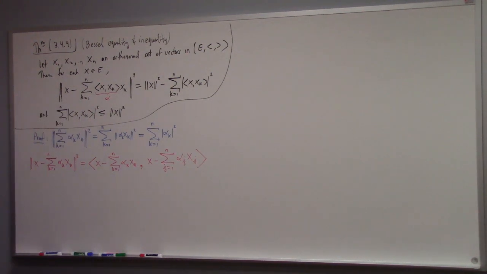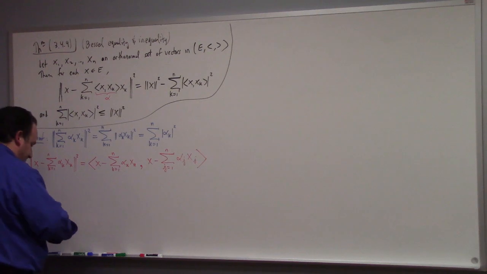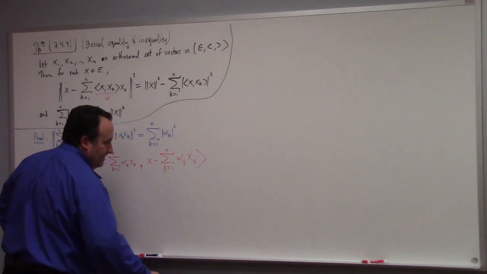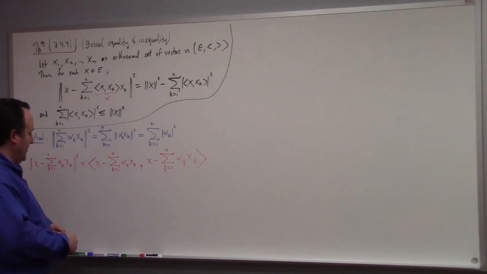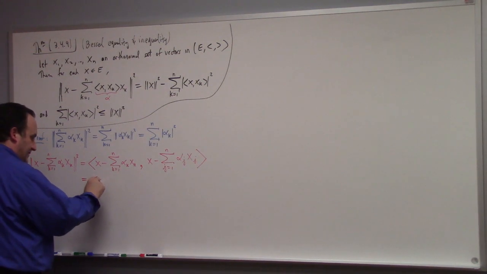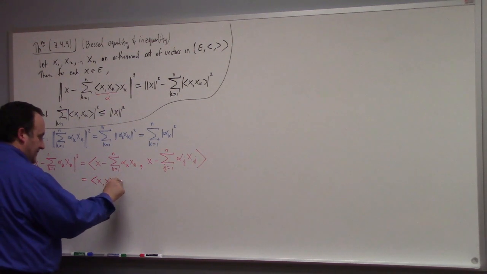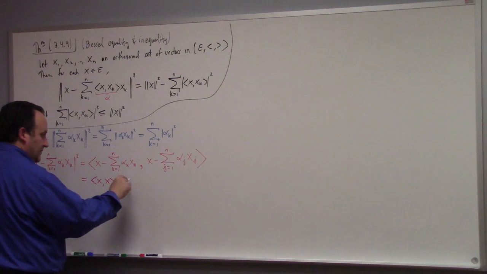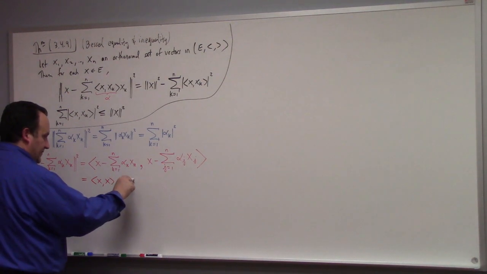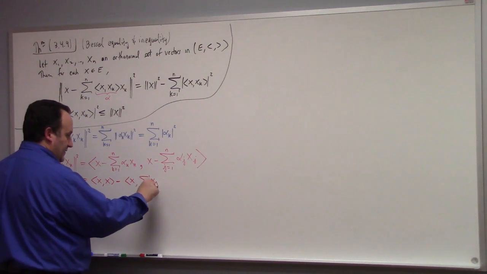Then by properties of inner product, the sesquilinearity, if you will, that's going to give us x with x, and then minus x with the sum alpha j xj.